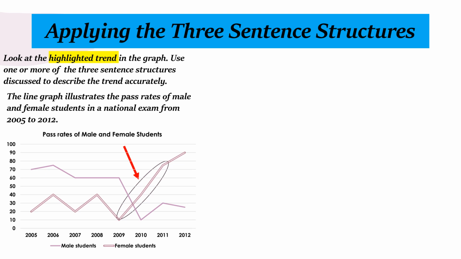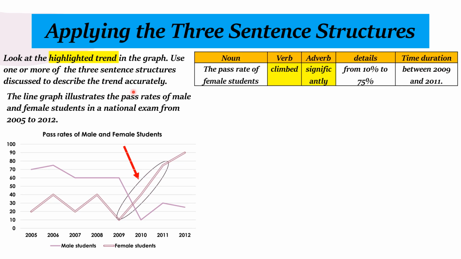Hope you have already written one or more sentences in your notebook. Here are 3 model sentences demonstrating how we can describe the same trend using different structures. An example sentence using the first structure is: the pass rate of female students climbed significantly from 10% to 75% between 2009 and 2011.